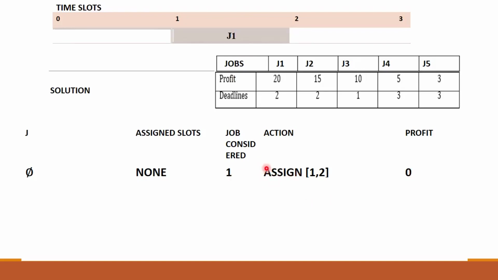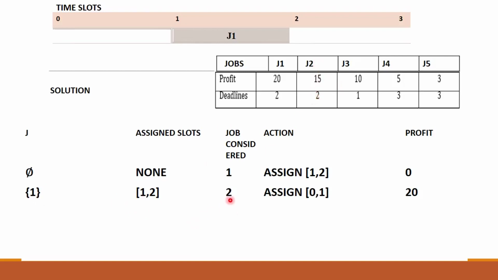We have finished the first job already, so I have written it here. Jobs finished so far is 1, and the assigned slot for job 1 is 1 comma 2. Now we consider the next job, job 2.